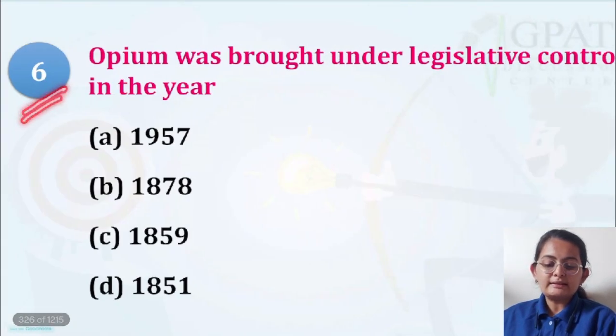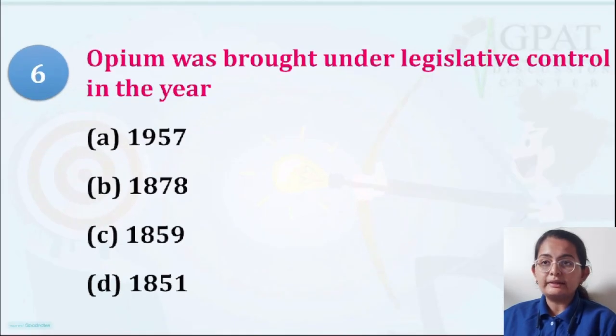Question number 6 is asking: opium was brought under legislative control in which particular year? 1957, 1878, 1859 or 1851? You have to remember that the first one to approve opium related cultivation and production was Lord Cornwallis.